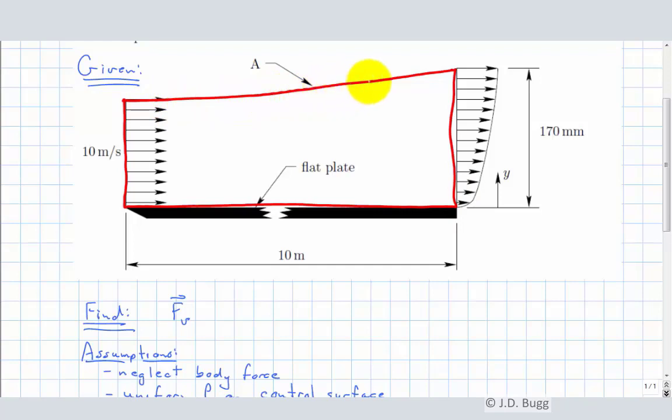We're also going to assume there's no viscous force out here. This is a streamline of the flow, so it is possible that there's a tiny bit of viscous force there if the velocity just outside is different than the velocity just inside, but compared to the viscous force down on this plate, that's going to be very small. So we're going to neglect viscous forces along the streamline.